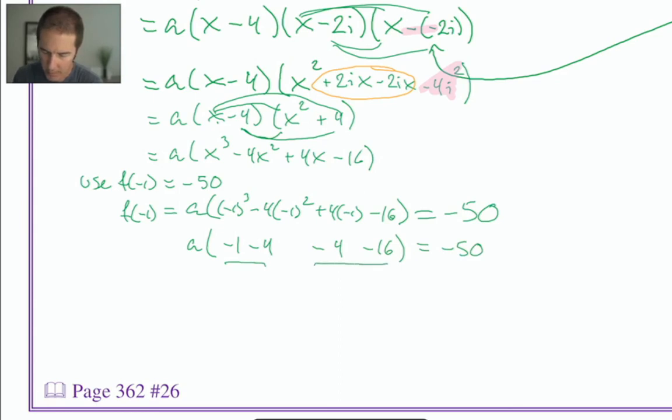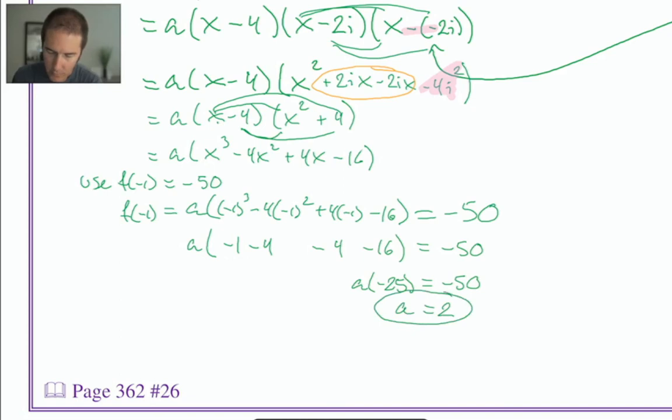And this is equal to negative 20, which means it's all equal to negative 25. So a times negative 25 equals negative 50. We can divide both sides by negative 25 now to get our a value finally. We've got an a value of 2.